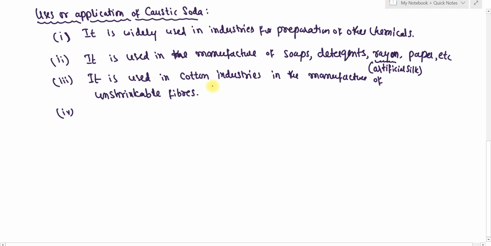Okay. Then another important application is it is used in the refining of petroleum and also for vegetable oils. It is used in the petroleum refineries and vegetable oil refineries.